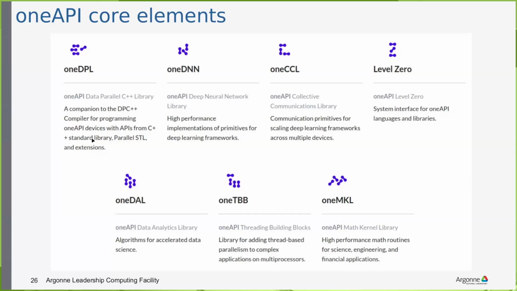If you use Thrust, or what NVIDIA calls CCCL these days, the equivalent is oneDPL. The cuDNN equivalent is oneDNN, and similarly, like NCCL, we have oneCCL. There are other libraries. One important library is oneMKL, which has all the math kernel routines in it.